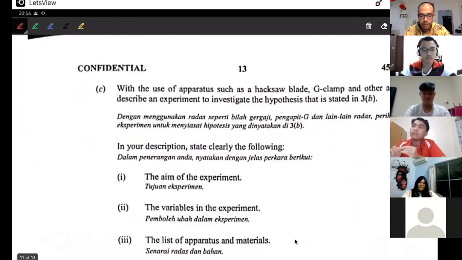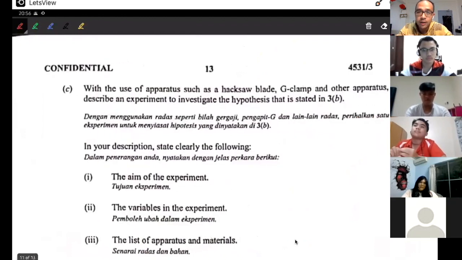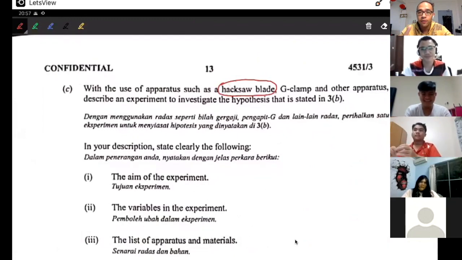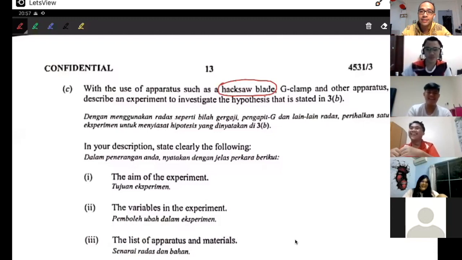But there are two mass versus inertia experiments. The more famous one is the one using the hacksaw blade. And since all of you here are in Form 4, all of you would have done this experiment. Do you remember, some of the hacksaw blades broke because you used the heavy plasticine?